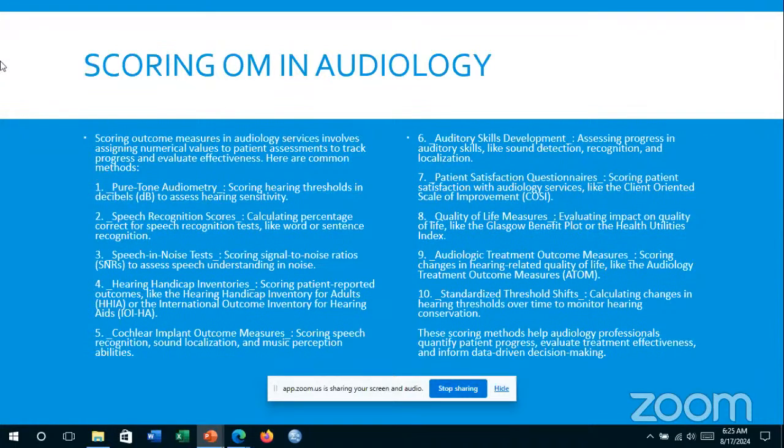The specific scoring guidelines. You have hearing handicap inventory for adults. You can score from 0 to 100, and interpretation is that a higher score indicates greater handicap. Go to tinnitus testing when you are scoring tinnitus and use tinnitus handicap inventory. It is based on the sum of rating, that is 0 to 100 as well.